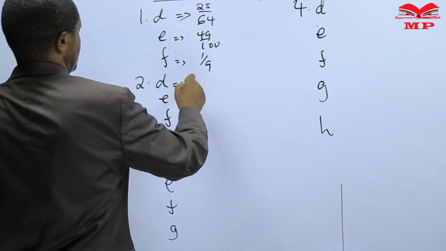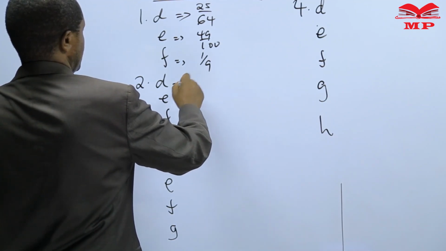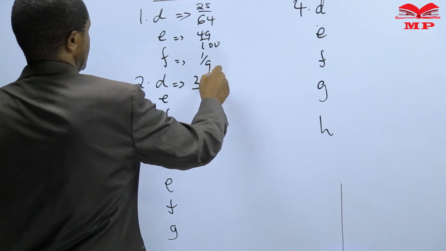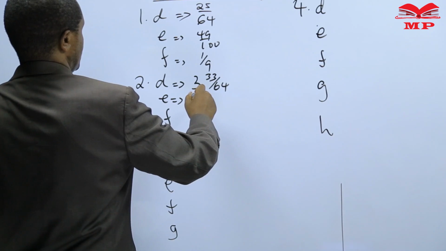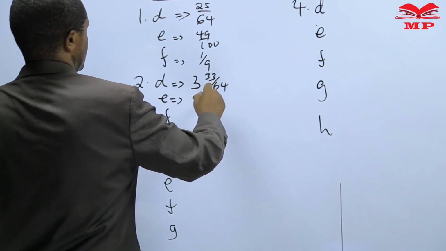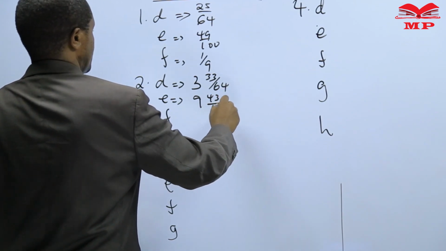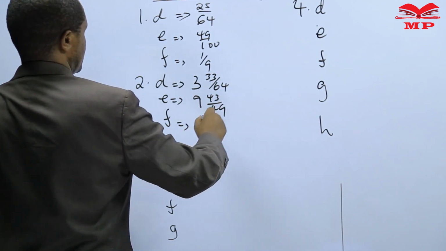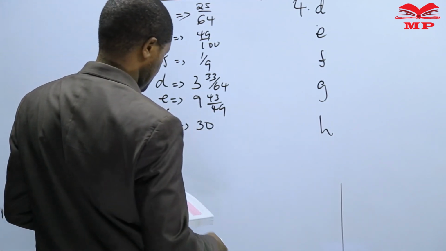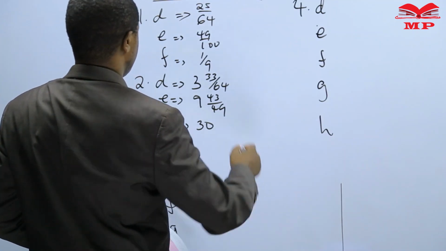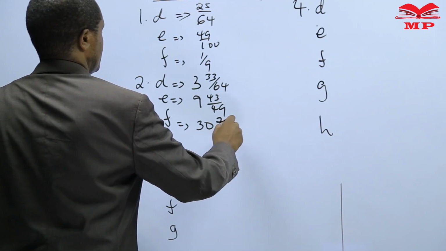Then question 2D, the answer is 33/64. Answer for E is 9/43/49. Answer for F is 30/70/81.